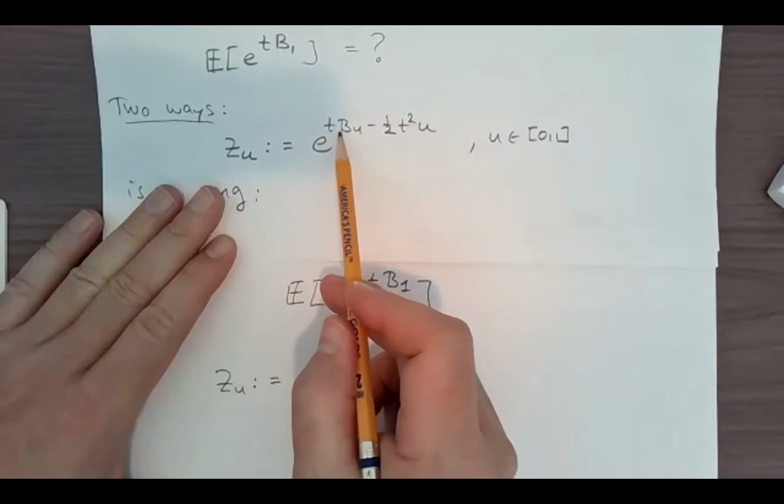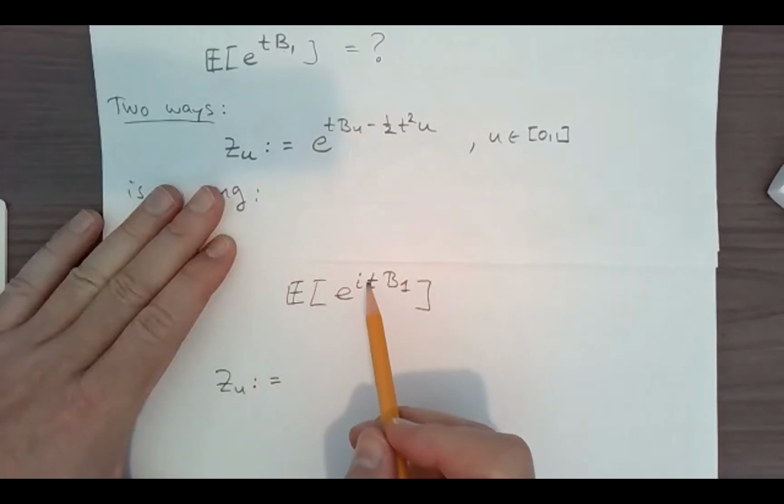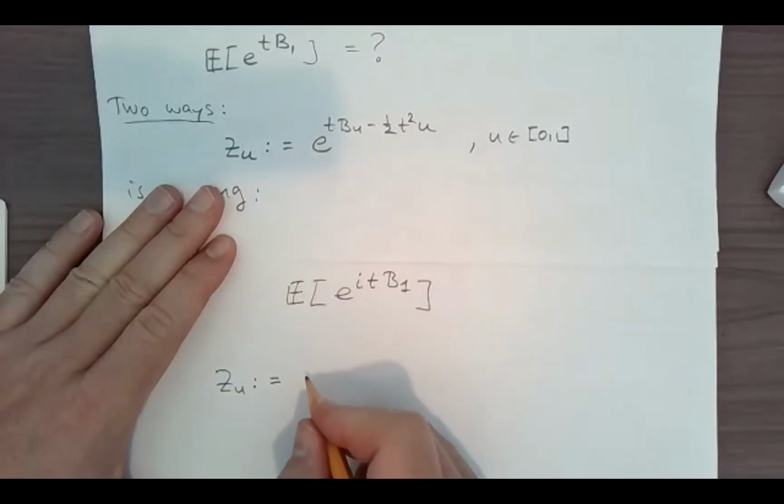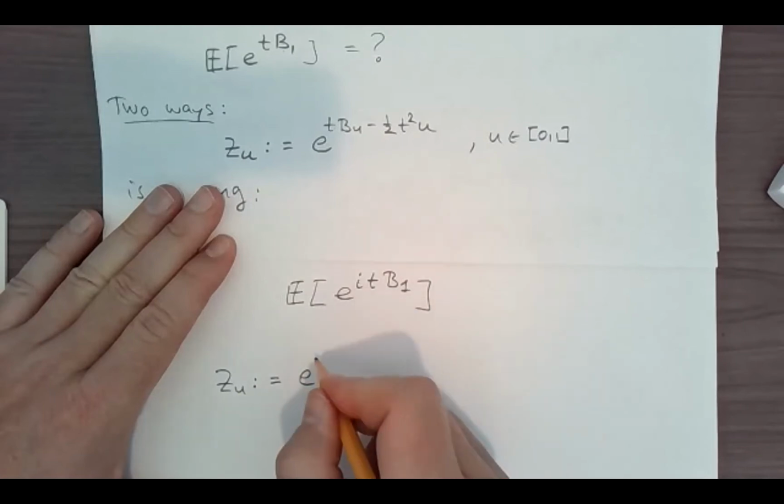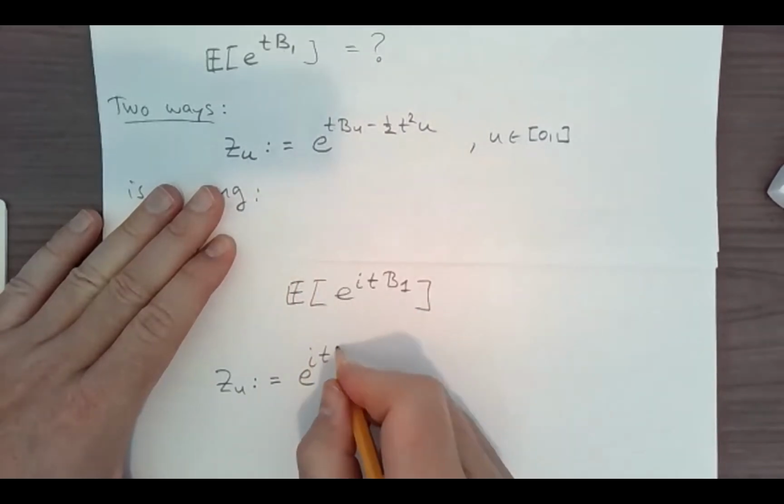Before we had a tBU, now we probably need an i here. So we're going to write this as e to the i tBU.